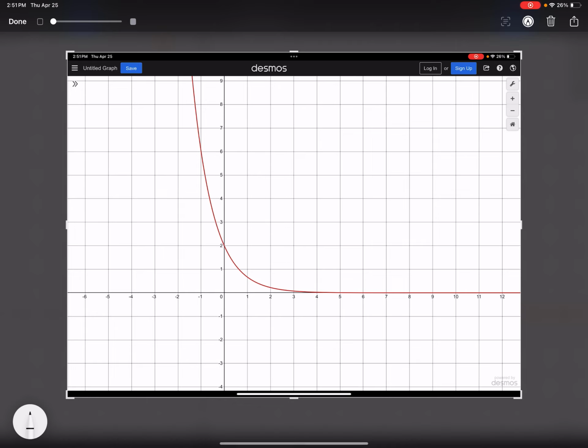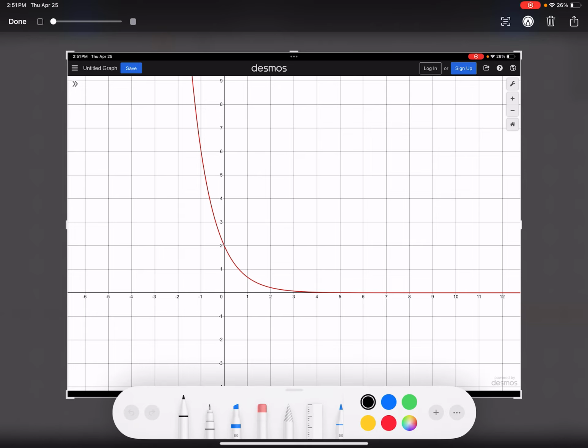If I'm trying to create a table for this, I'm going to be looking at creating points that I see, perfect points. So when I go from left to right, again, remember, we always want to go from the left, and we're going down and to the right. So I have a perfect point at -1, 6.